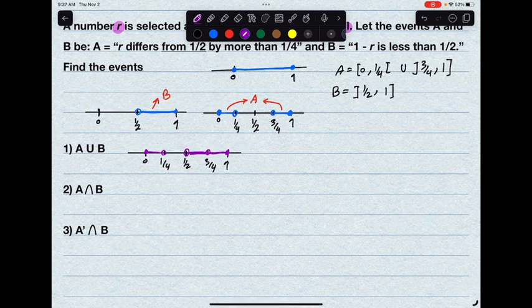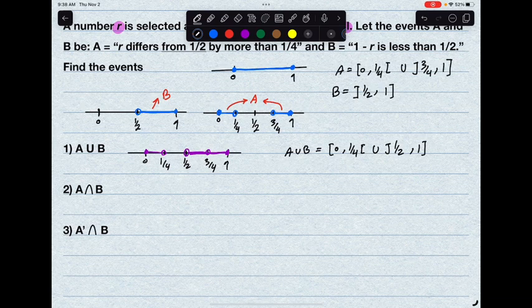Now we can see what A union B is. A union B is 0 included to 1 over 4 not included, and here is a union, 1 over 2 not included to 1 included.